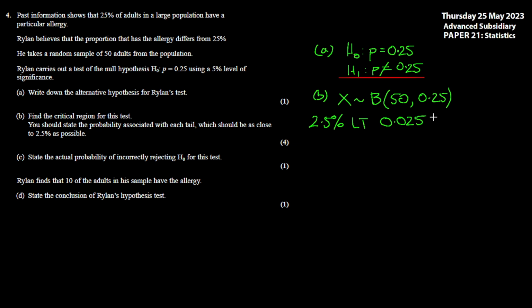And similarly, at the upper tail, our probability will be 0.025 away from 1, so this will give us a probability of 0.975. So we need to use the calculator to find a value of x that puts us into the critical region at both the lower tail and the upper tail. And we'll need to use the cumulative distribution function on the calculator to get those answers.